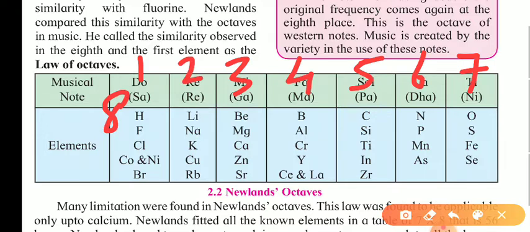So every eighth element is having a similar property as the first one. This was the Newlands octave. He called them that because every eighth element has the similar property as the first one. So this was the classification of the Newlands octave.